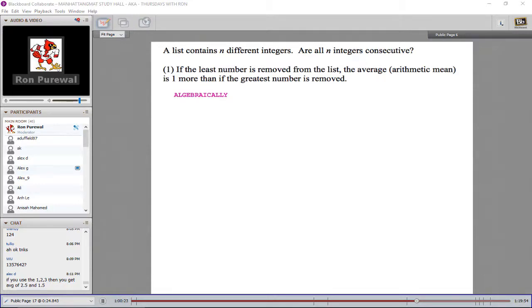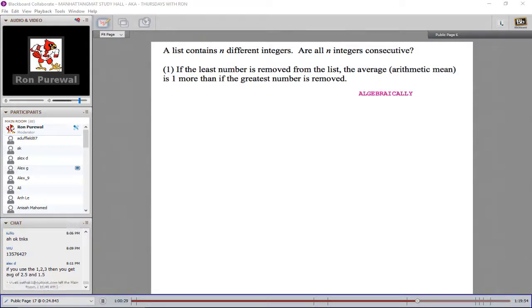Okay. You can do this algebraically, or you can do it testing cases. Let's test cases first, because we're going to prove it algebraically later. Let's see if we can do it consecutively. So let's use consecutive integers.